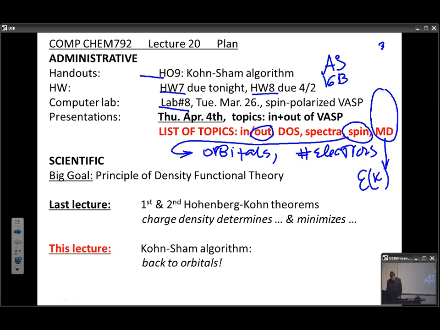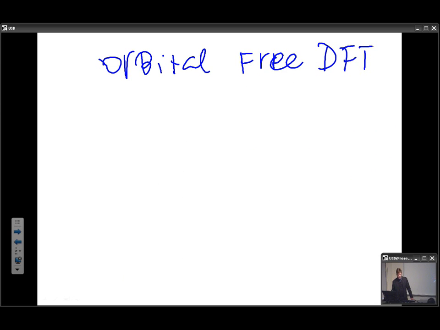Okay, so as we will see today and maybe next coming Thursday, the density functional theory originally appeals to density only, and there are theorems that everything can be expressed in terms of density. Actually, there is so-called orbital-free density functional theory, which is actually the only pure DFT theory.